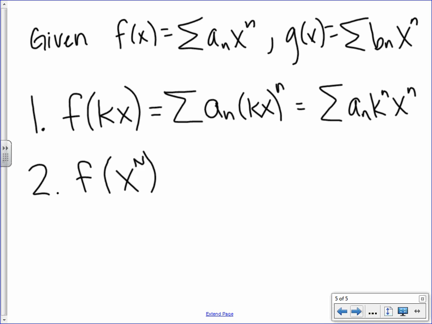If that function is being raised to a power, then you can raise this to a power.